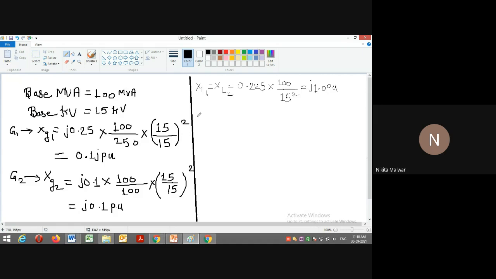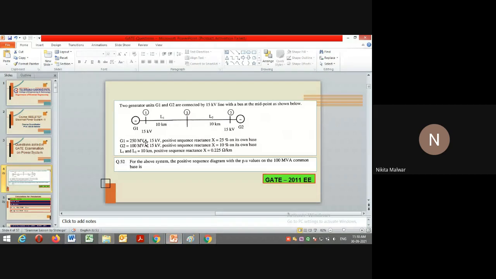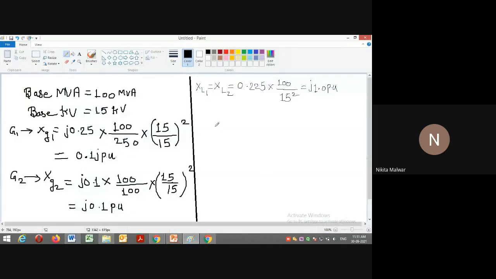Now draw the positive sequence diagram. First consider this single line diagram, in which generator 1 is connected, generator 2, and in between them line 1 and line 2 are connected. So let us draw the positive sequence diagram. To draw it, first we consider generator 1.